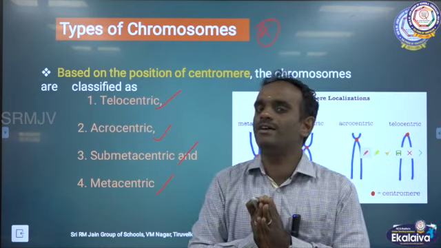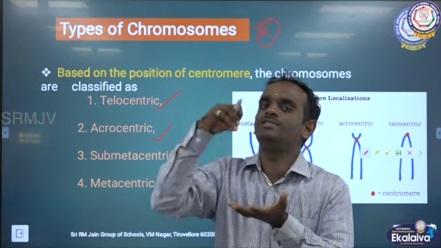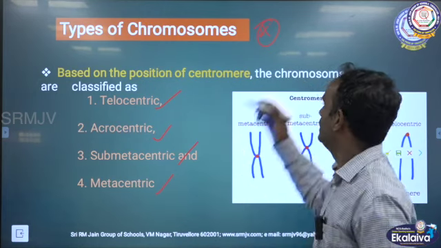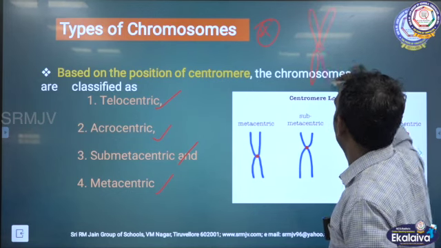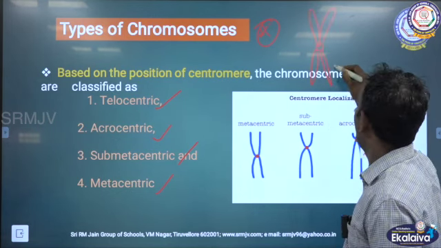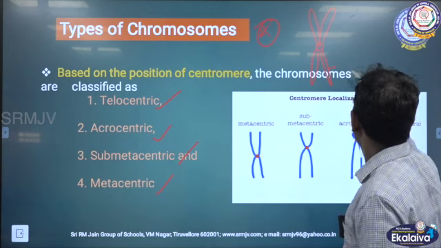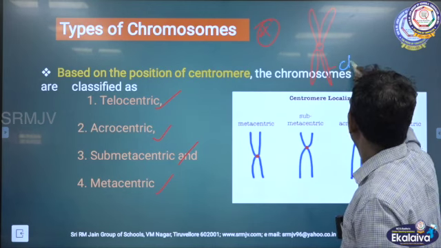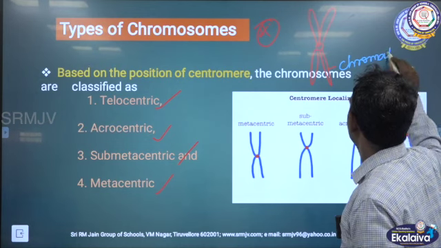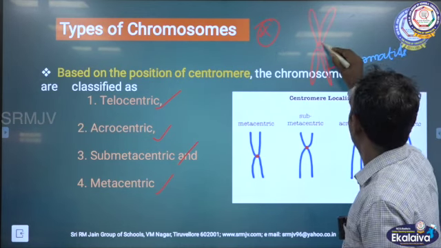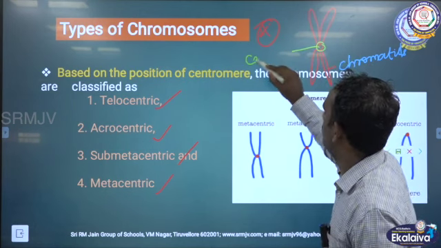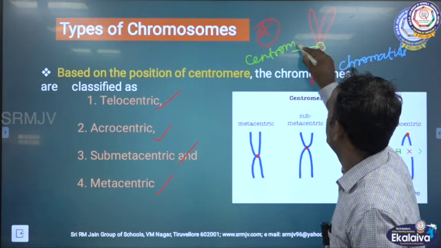On the basis of the position of centromere, as I said earlier, this is the chromosome and these parts are called chromatids. They are joined at the center, this is called centromere.